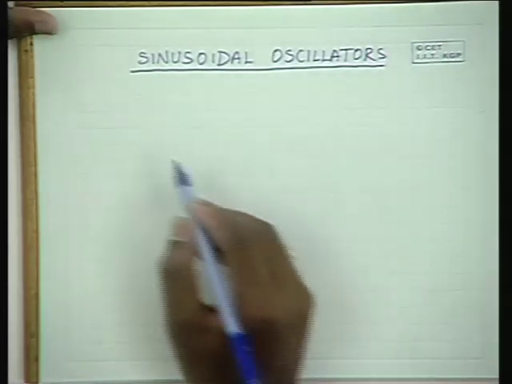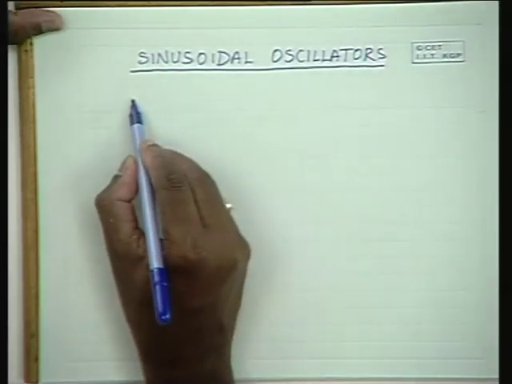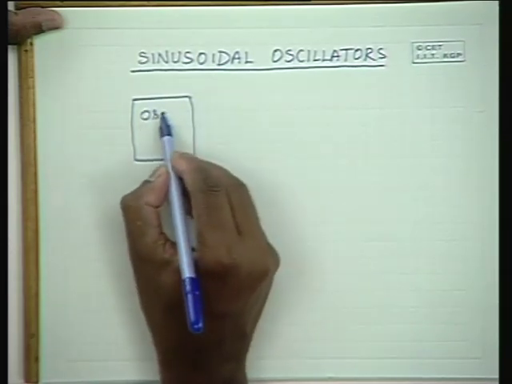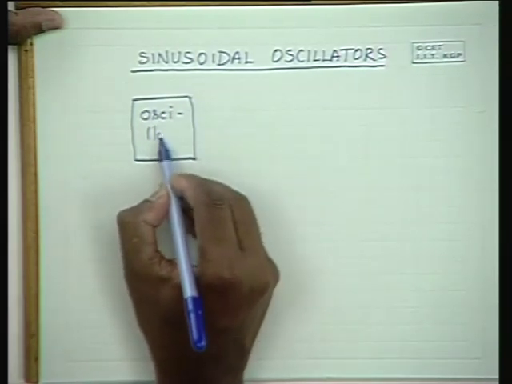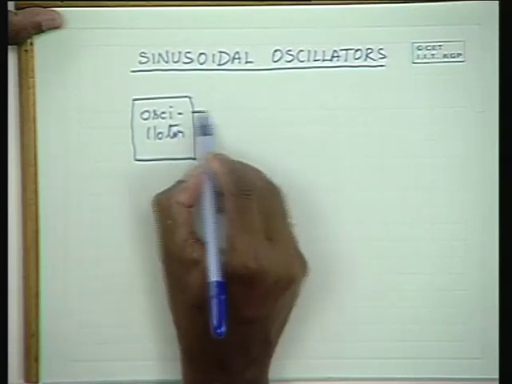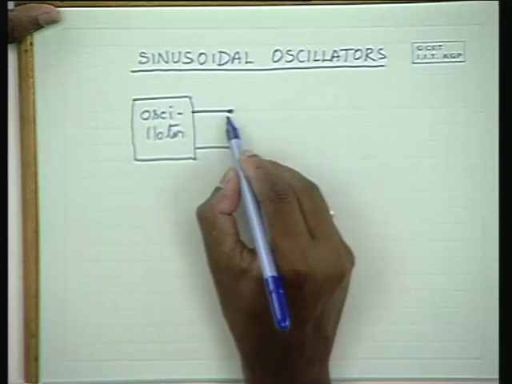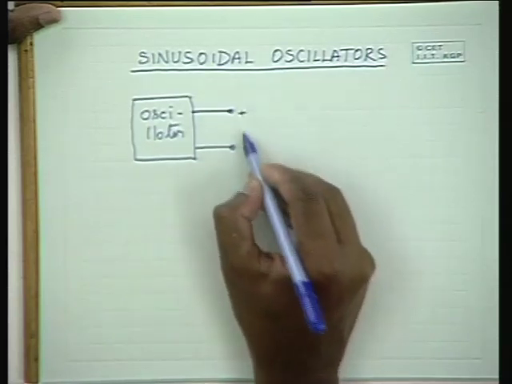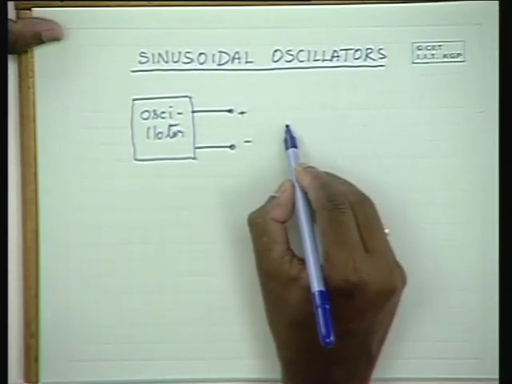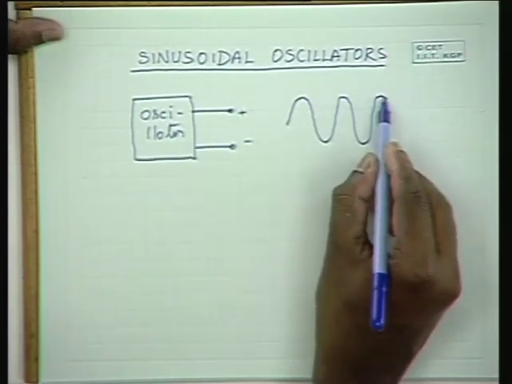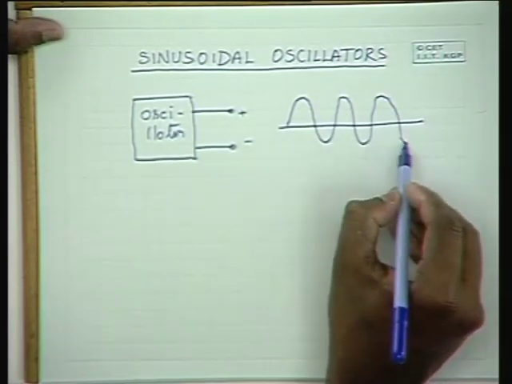Whereas now an oscillator is a one-port device and it has therefore only one port, and between the two terminals of the port, it gives you some oscillatory voltage, a voltage which oscillates with time.